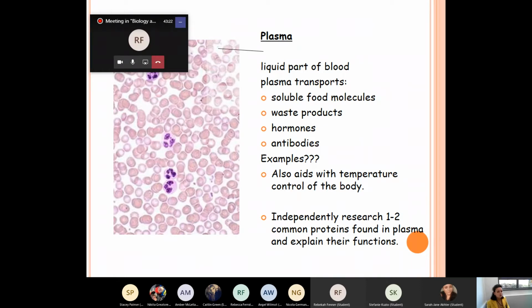Exactly. So when you talk about soluble food molecules, you're not talking about proteins as such, because you're going to be digesting those proteins into smaller parts. In the same way as you digest carbohydrates into glucose, you're digesting proteins you're eating into smaller molecules called amino acids.